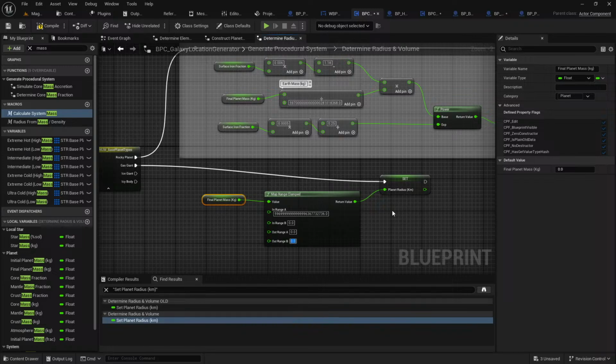So maximum radius is going to be approximately Earth times 2.